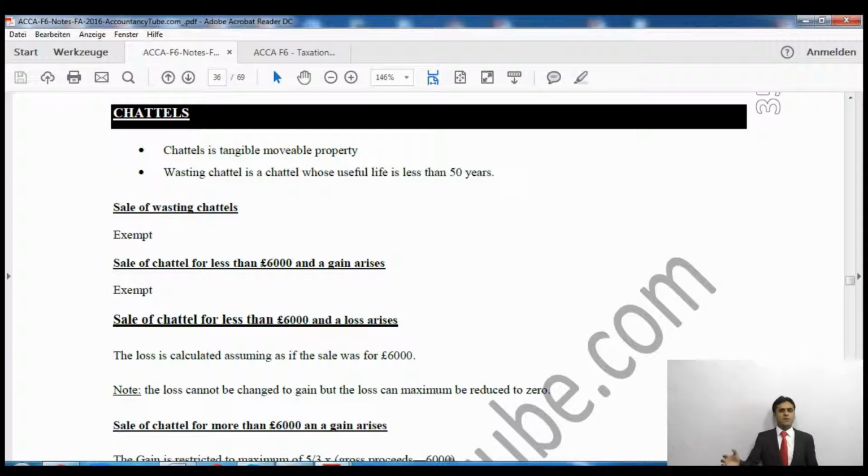So tangible movable property is something called chattels, right? So if it is tangible, it has physical existence and it can move as well, then it is a chattel for our F6 purposes. So a chattel is a tangible movable property.